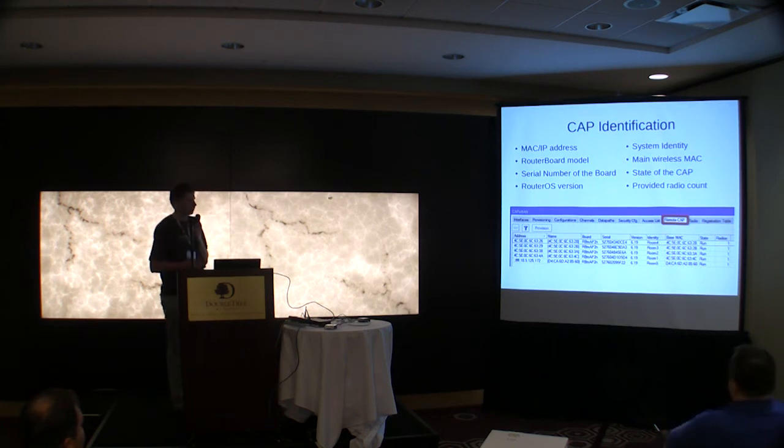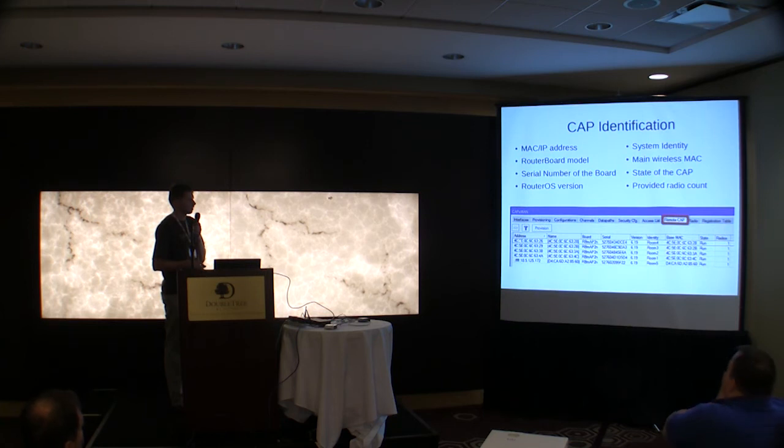Okay. So now we have all your caps connected. Now the question is how to identify which cap is which, because you could have hundreds of them. So you can go into the CAPsMAN menu, there's remote cap, so you can see all the caps that are connected. You can see MAC or IP address connection here.